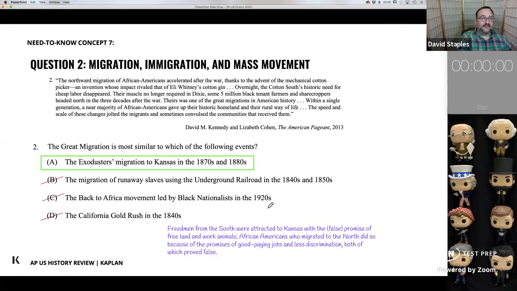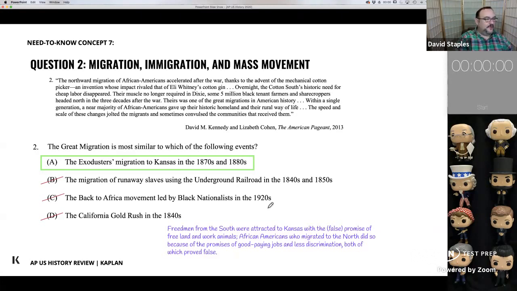Yes, there was. Like a lot of the communities, when this influx happened, all of a sudden they completely looked different, and there was some backlash. And so both of these were based on a false promise. And so that's where they were the same.